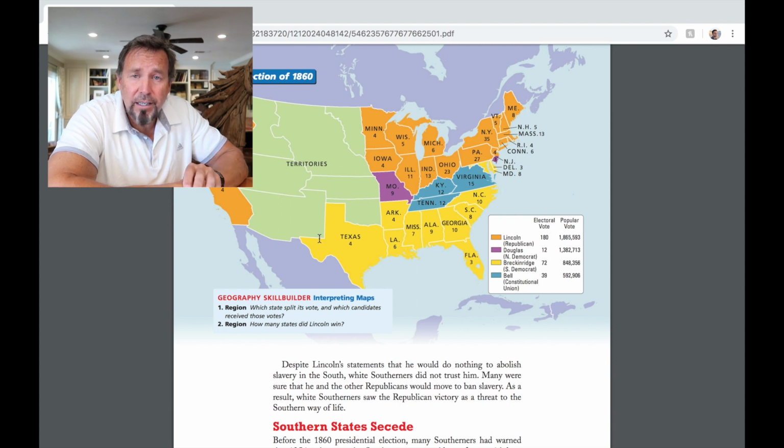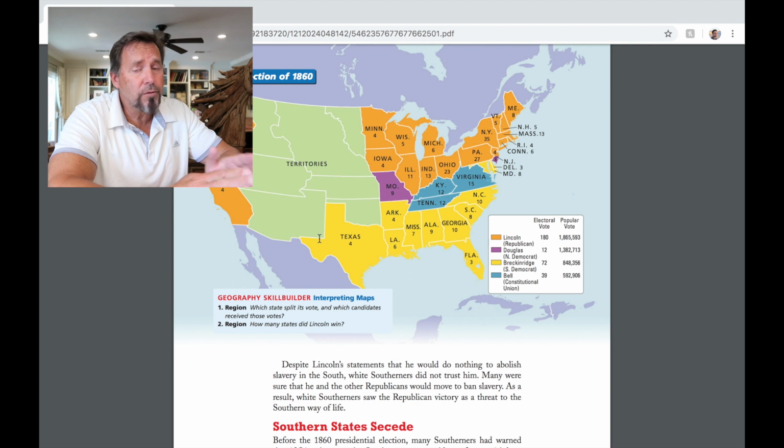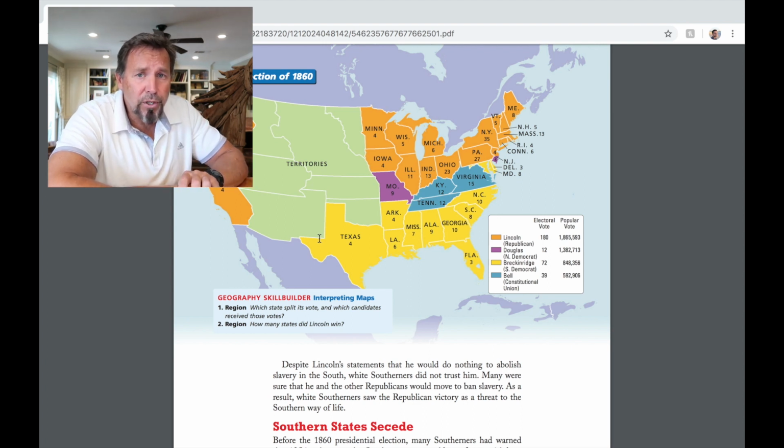And when I say that, I mean that he did not get a majority of the popular vote. He did get a majority of the electoral vote, very similar to Trump. You know, Trump got the electoral votes that he needed to become president, even though when you add up all the votes together across the country, Hillary Clinton got almost 3 million more votes than Trump did.